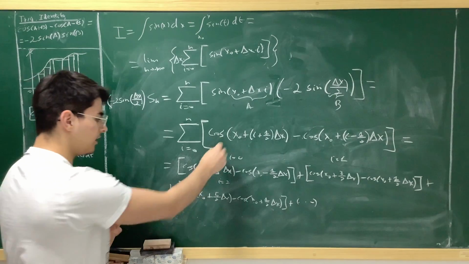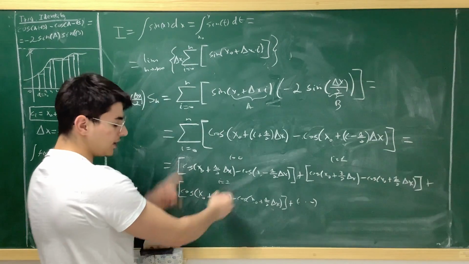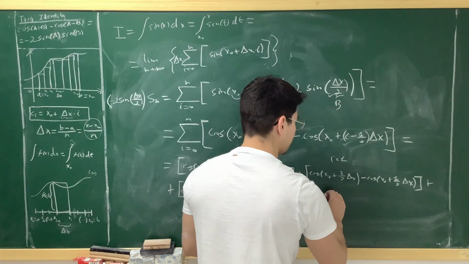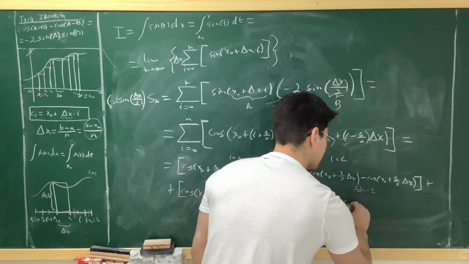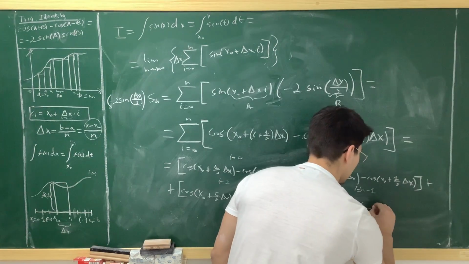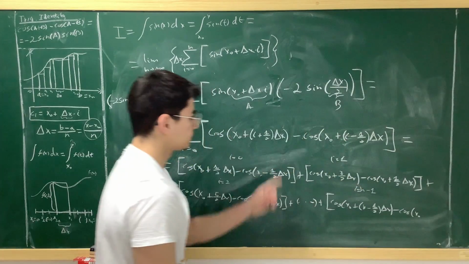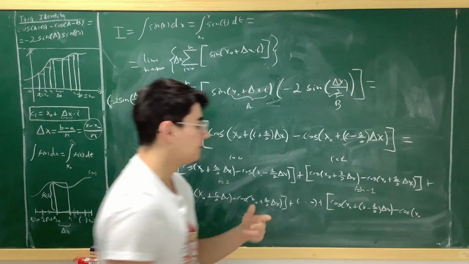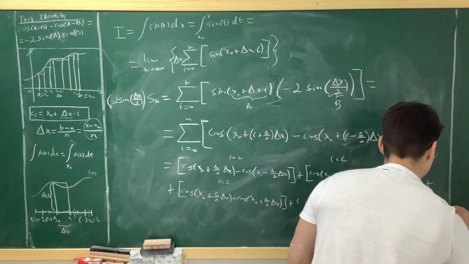So, see the pattern: the first one cancels with the second one, the first one cancels with the second one, and if we keep on going, this first one cancels with the second one of the next one, and so on, until we get to, let's just go for n minus 1, and see that we get the cosine of x naught plus n minus 1 plus 1/2, n minus 1/2, delta x, minus the cosine of x naught plus n minus 1 minus 1/2, n minus 3/2, delta x.